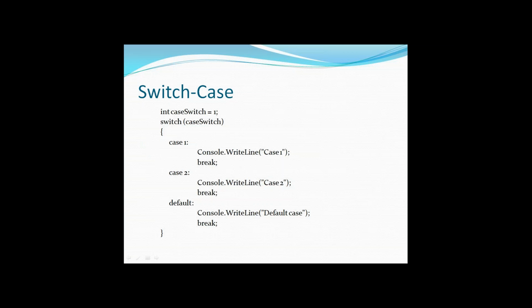So here, if you are seeing, there are two different keywords here, or for that matter three. One is switch, second is case, and third is default. Fine. And what is a switch section?